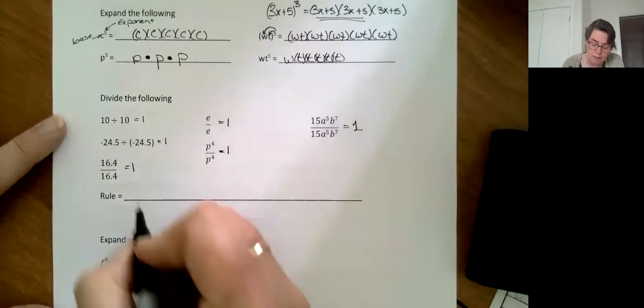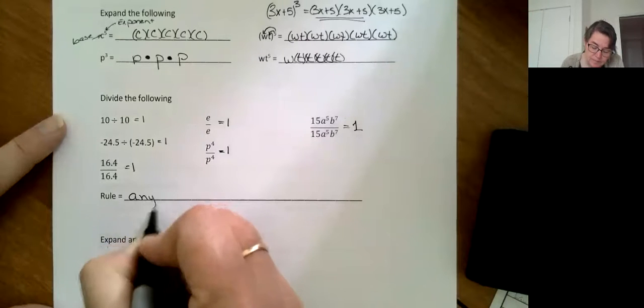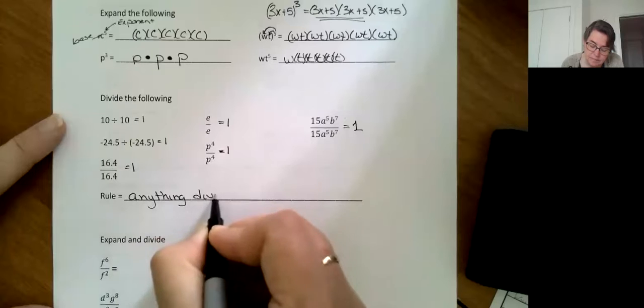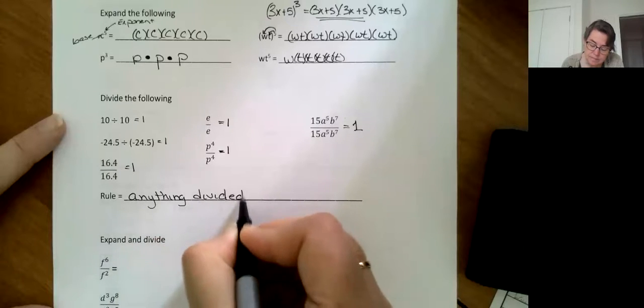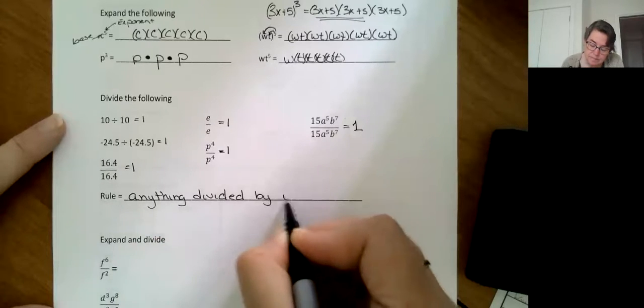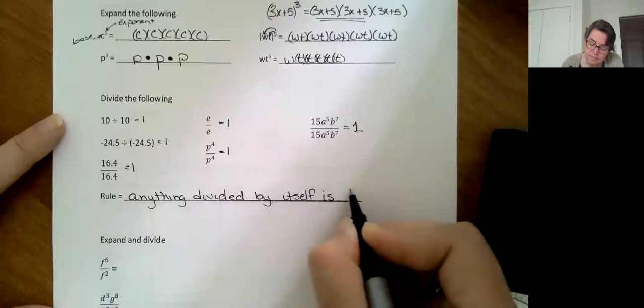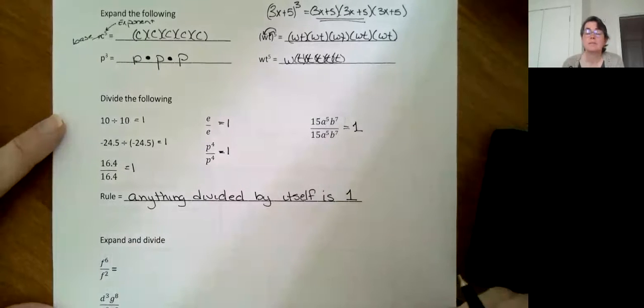So the rule you need to remember: you knew that, but this can become important right away. It's real simple.